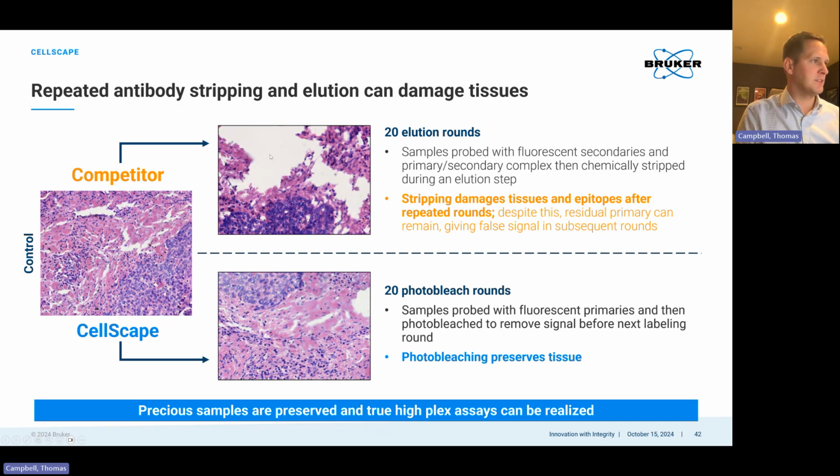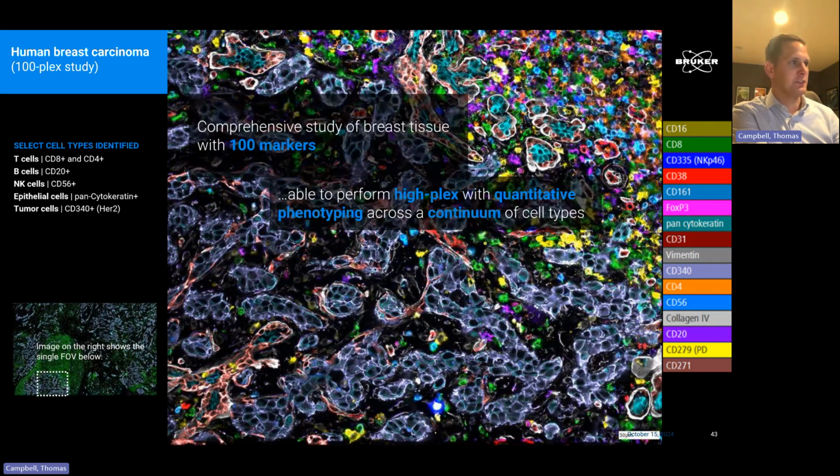You can see a complete withering of this sample here, just looking at H&E after simulated 20 elution rounds. So our approach allows us to get to really high plex if necessary, up to, in this case, 100 markers. Again, really high plex with this quantitation across the continuum of cell types and expression values.